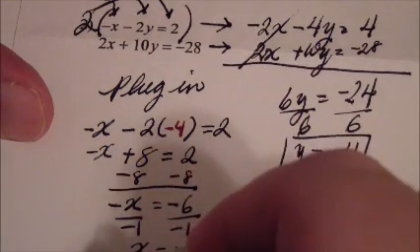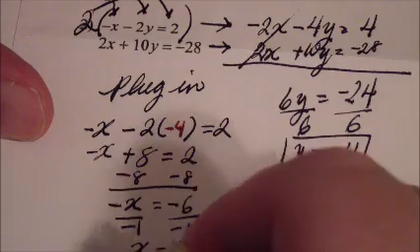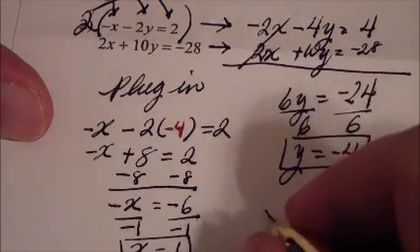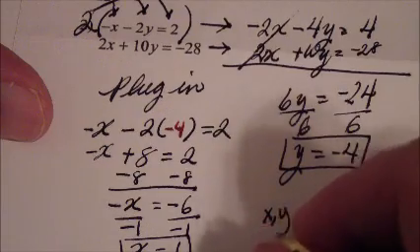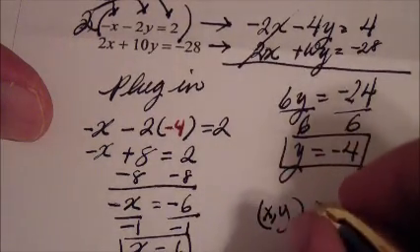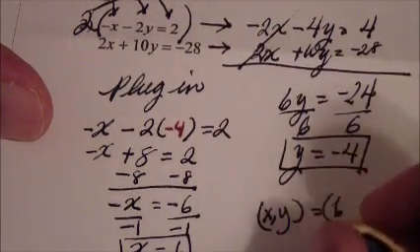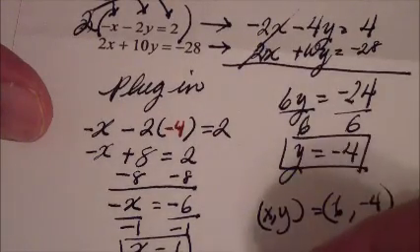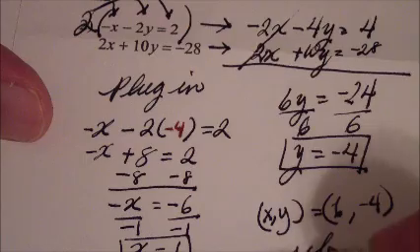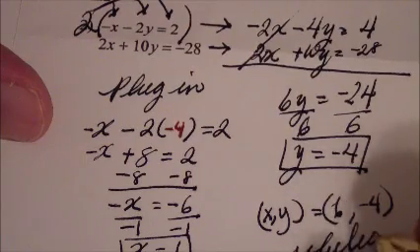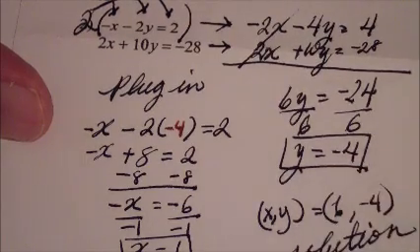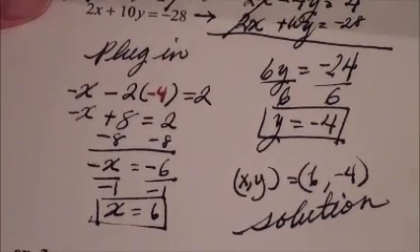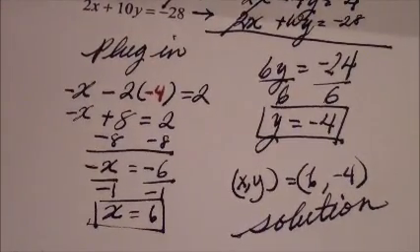X is equal to 6. So, the solution here is 6, negative 4. 6, negative 4 is our solution. It's the point where the two lines intersect with one another. And there we are.